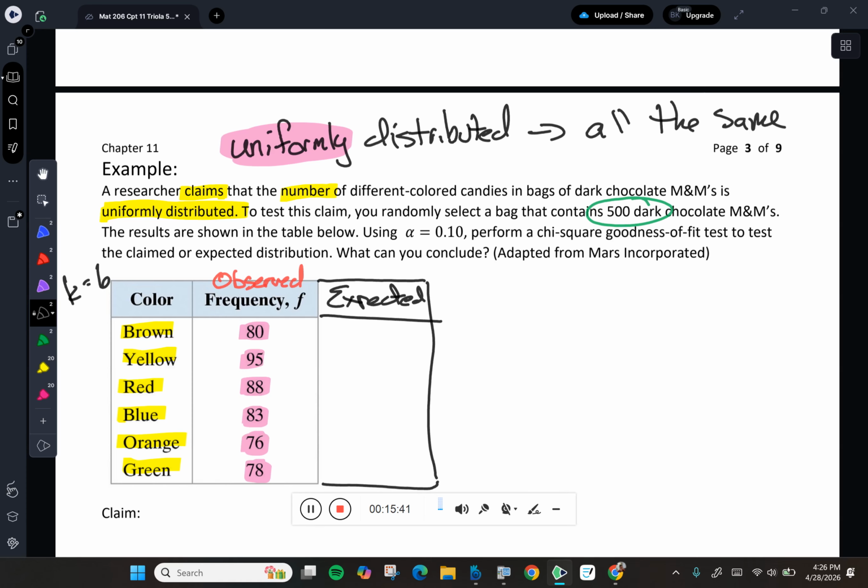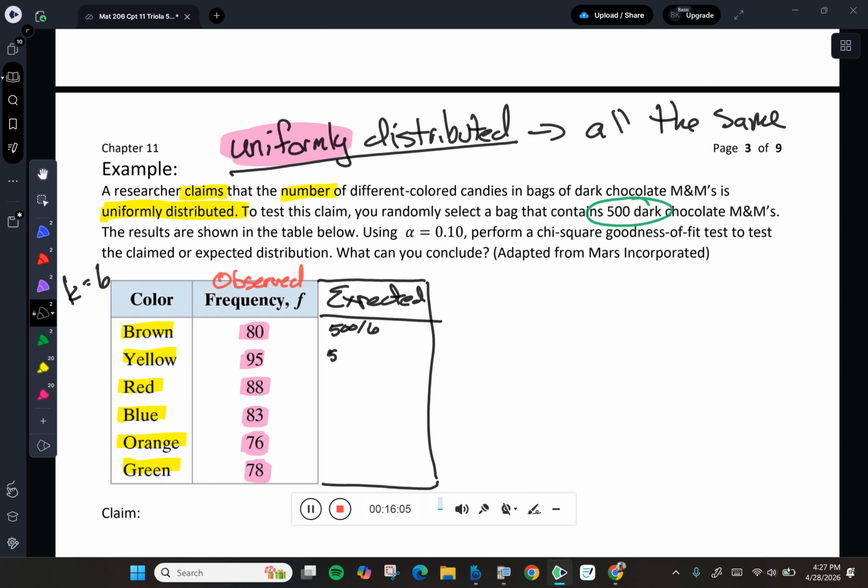Well, if there's 6 categories, I should expect brown to be 1/6 of the total number of M&Ms if I'm uniformly distributed. So I should expect this to be 500 divided by 6 because there's 500 M&Ms. 1/6 of them should be brown, so it should be 500 over 6.